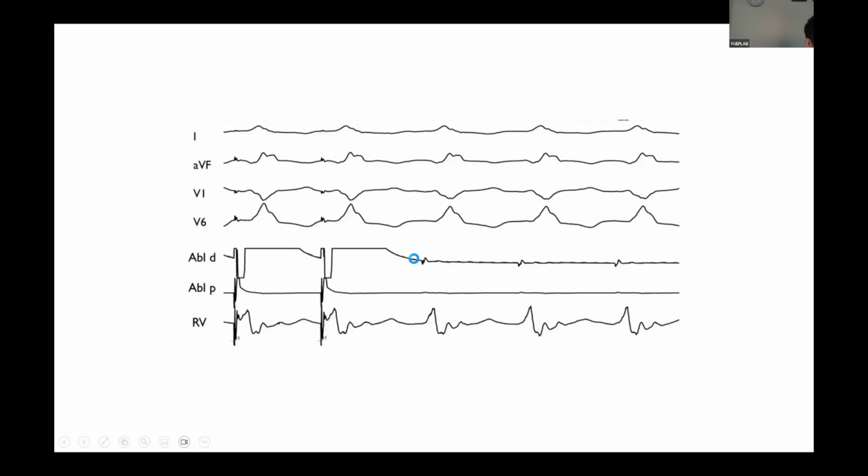Okay, the EGM is close to the onset of QRS. So when you try to pace, you need to think that your stimulus to the onset of QRS should be short. If it's long, it means that you are pacing the adjacent bystander. So this is the basic concept. Sometimes when you try to pace, it leads to the next QRS, so it will be relatively long. So you need to measure, like the M+ rule from Kyoko's publication.